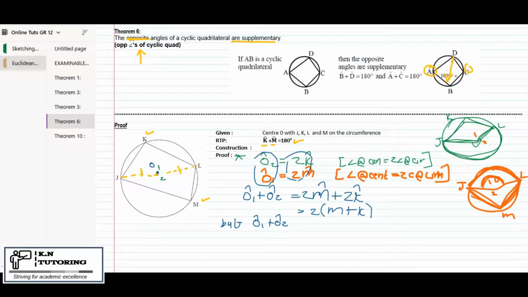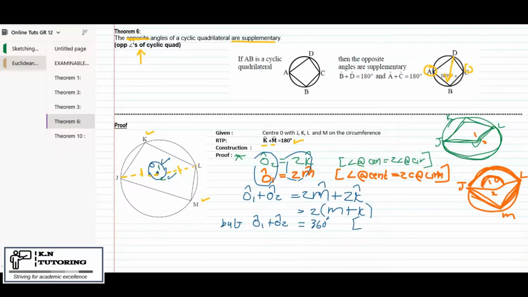What is O1 plus O2? So O1 plus O2, what is that? That is a revolution. So it takes us back to your grade 9, grade 10. Angles around a point, they add up to 360. So O1 plus O2 is equal to what? 360. If you add angle O1 plus angle O2, you will get 360.